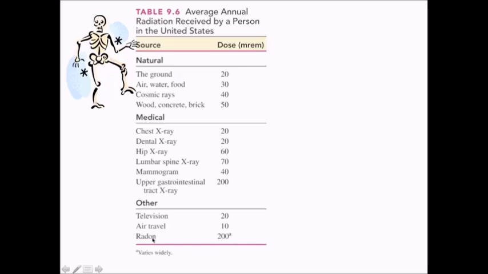Now the last one, radon, is something you should have heard about. Radon is a radioactive gas. It's a noble gas. And it's produced when uranium that's in the ground decays. But because it's a gas, it can migrate into your home and build up in your cellars. And then if you breathe in enough of this radon, it's possible that it could cause lung cancers.